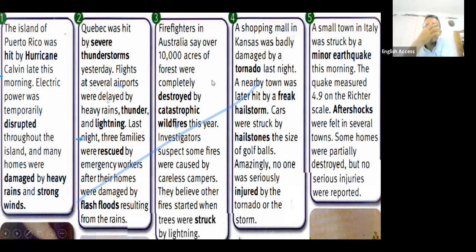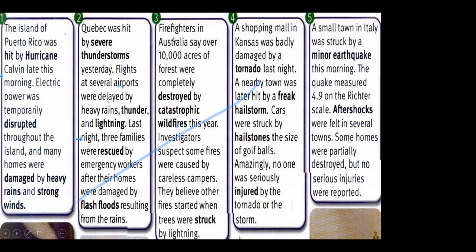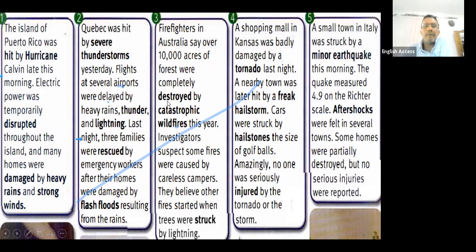Try to be a reporter. The words Felix mispronounced were: destroyed, catastrophic, wildfires, struck.